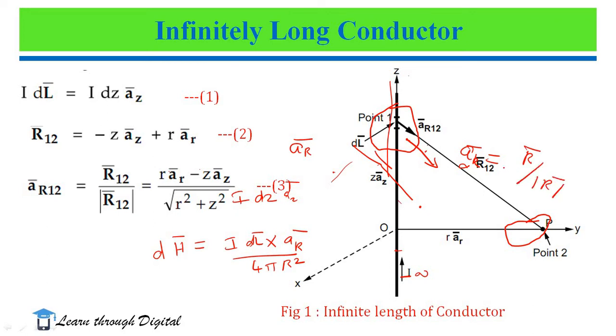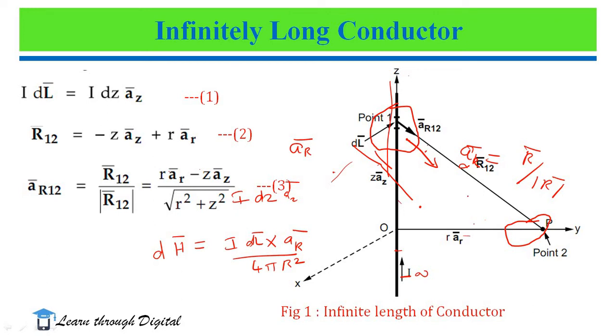Here we marked point 1 and point 2. Point 1 is the location of differential current element. Point 2 is the location of the point P where we are going to determine magnetic field intensity. So it is represented as r12 vector. It is nothing but r ar vector minus z az vector.